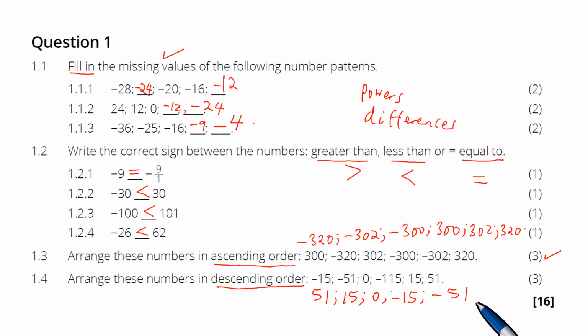Minus 115. So we have arranged these numbers in descending order, beginning from the biggest one to the smallest one. We're doing very, very well. Next question.